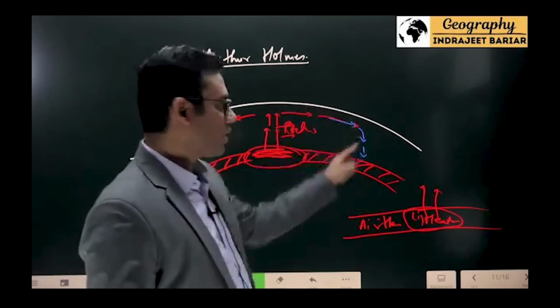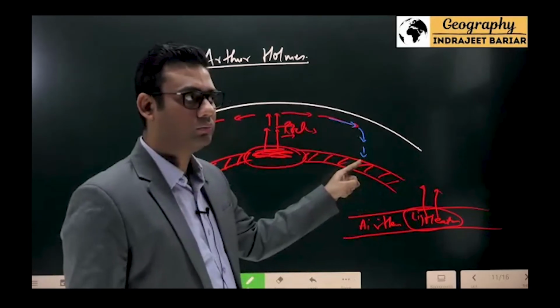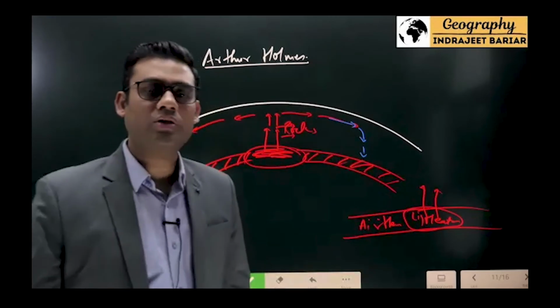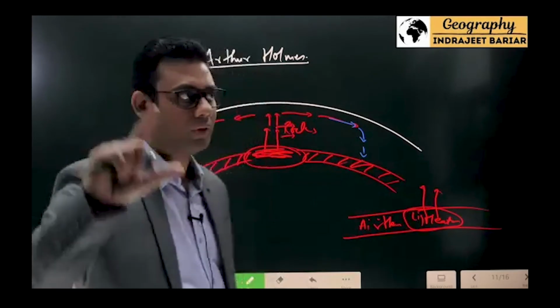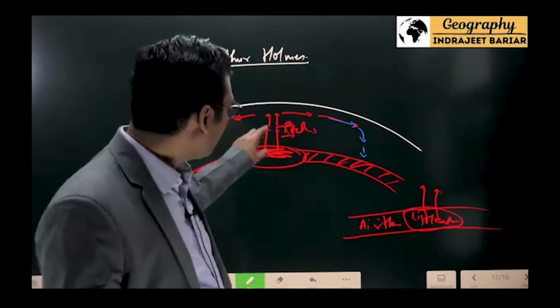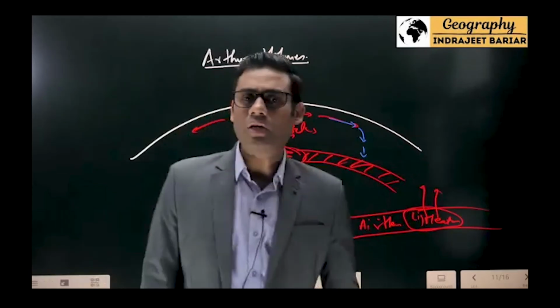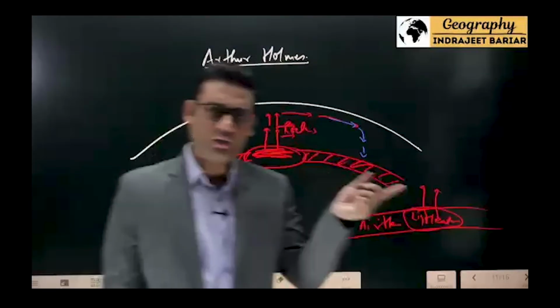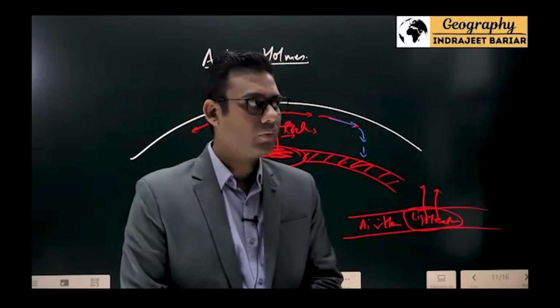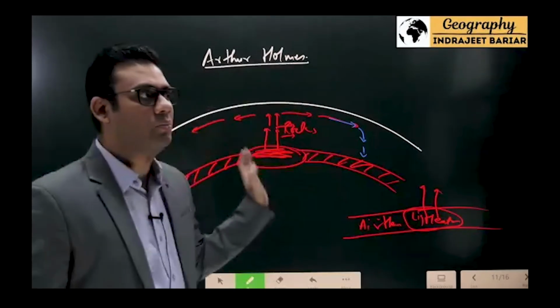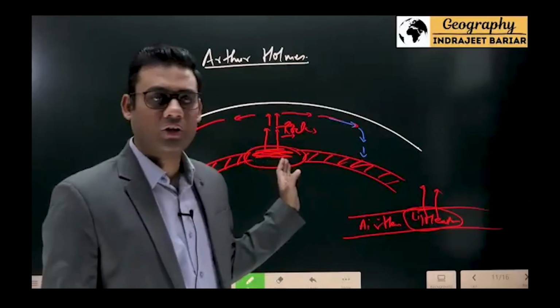But this process keeps happening. And this is what we call convection current. Convection refers to vertical movements. So here, convection current. Again, the same question we did earlier, the source of heat for the asthenosphere. We can ask it differently: the source of heat for convection current.